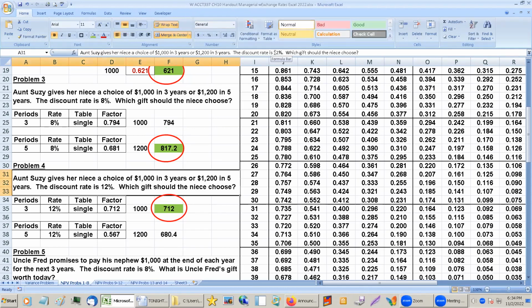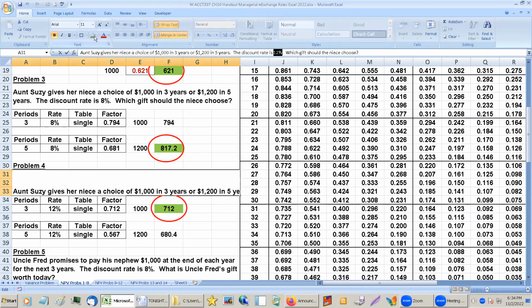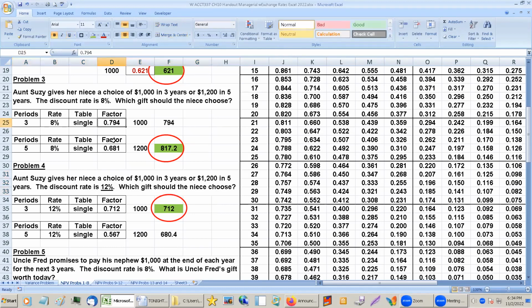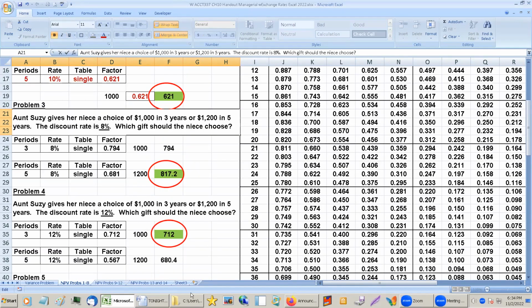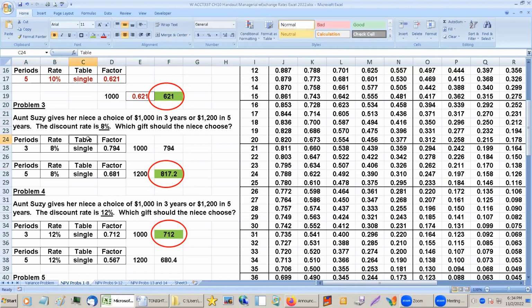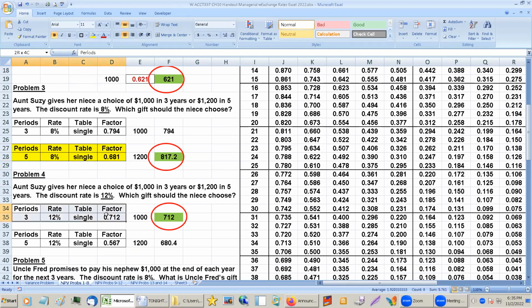So changing the discount rate can change your answer as far as which is better. In the first one, the 5 periods was better. In the second one, 3 periods is better, just because of the change in the interest rate.